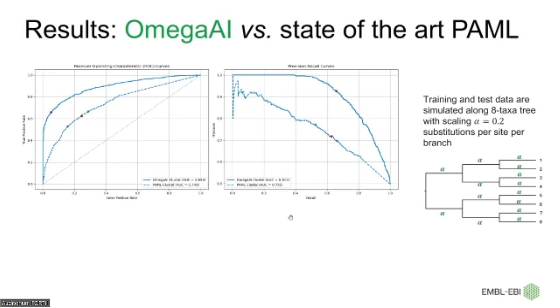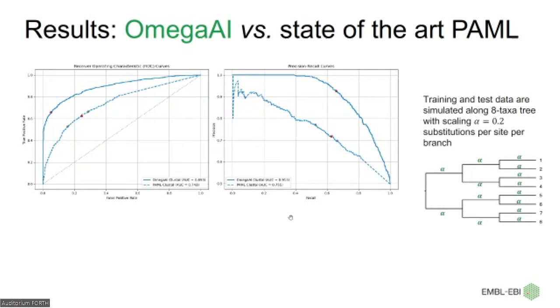This is whereby the simulation tree is scaled for every branch to 0.2 substitutions per codon site. On the left here, we have an ROC curve, which is telling us about the trade-off between true positive and false positive rate as we vary the decision threshold for the two methods. And we have something similar but slightly different on the right, showing the precision-recall trade-off as we vary the decision threshold.